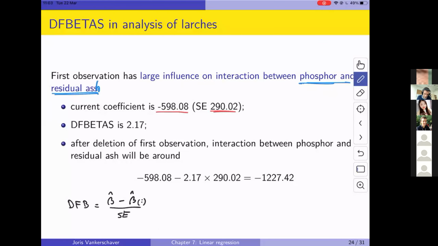So in other words, what this tells me is that I can change that to read, well, if I delete my observation, my coefficient is going to become my original coefficient minus the standard error times the DF beta for that coefficient. And if I plug in the values, I get -598 minus 2.17 for my DF beta times the standard error.